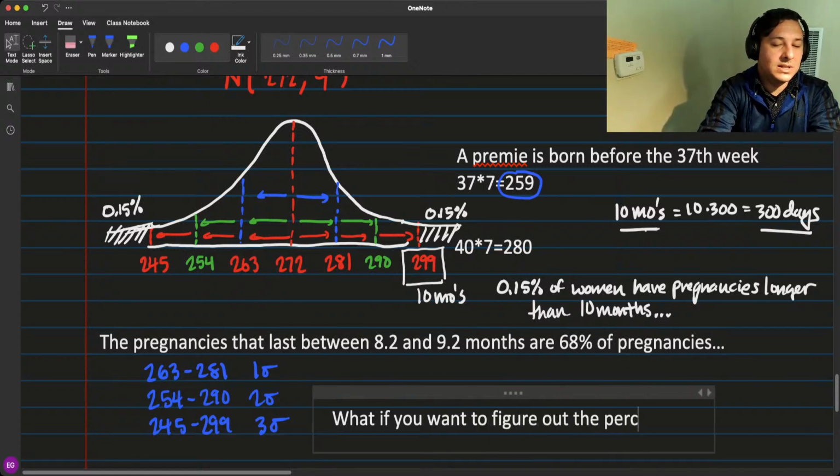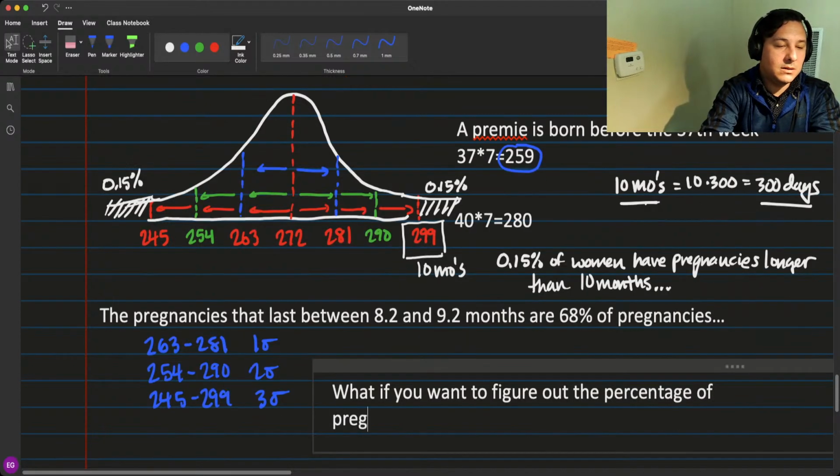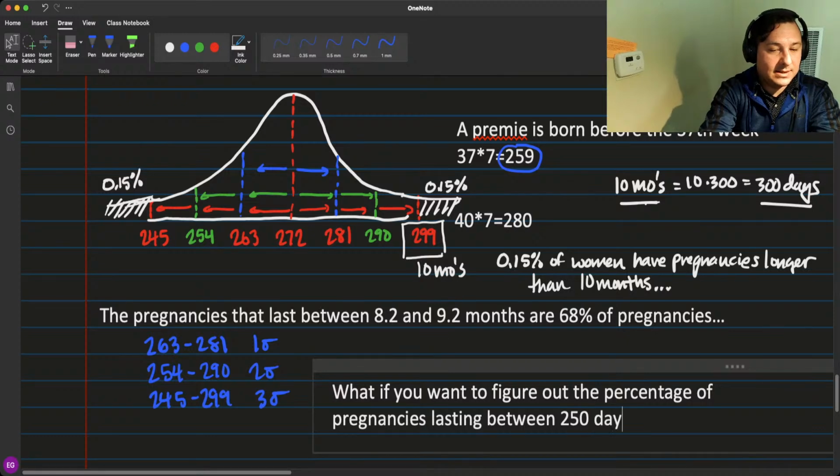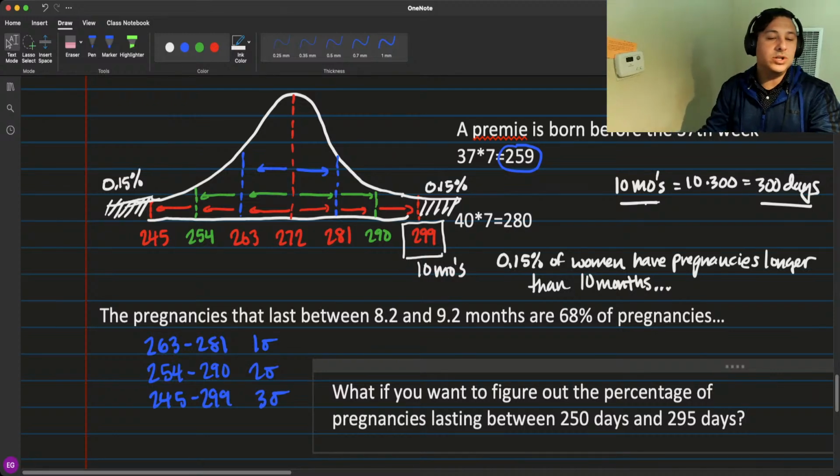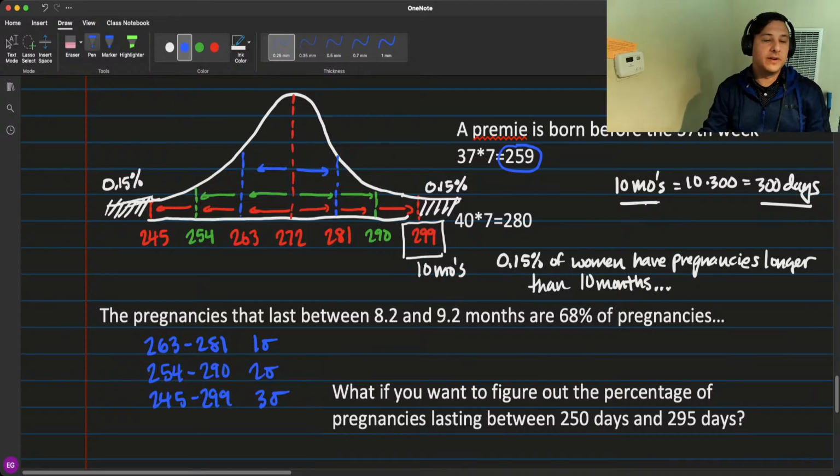What if you want to figure out the percentage of pregnancies lasting between, I don't know, I'm just going to make some numbers up here, 250 days and 295 days. Could you use the empirical rule to figure this out?